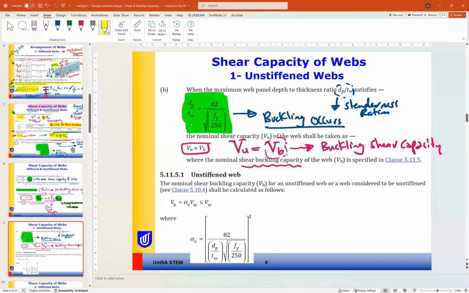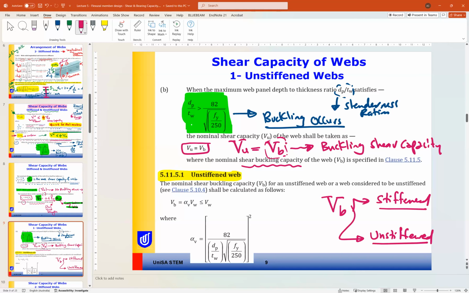Now VB is different for stiffened and unstiffened web. VB has two values: VB for stiffened is different from VB for unstiffened. So here we have separated the calculation.